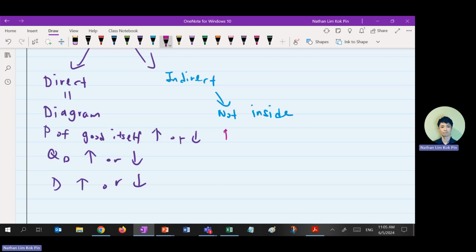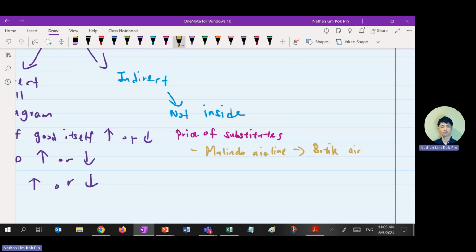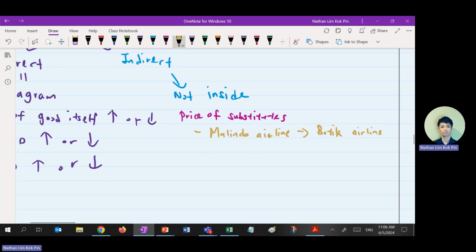You can link to the price of substitutes. AirAsia substitutes include Malindo Airline, which has now become Batik because Malindo Airline went bankrupt already, and Firefly Airline.